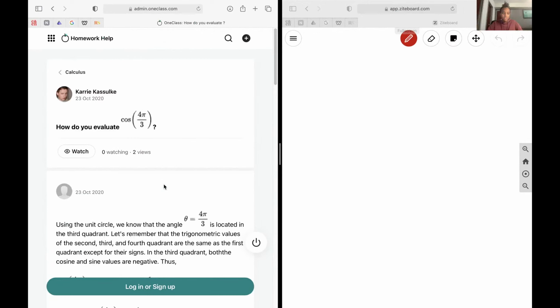Okay, let's get into it. So for our first question, we'd like to evaluate cos 4 pi over 3. There are a couple of ways to do this question, so I'm just going to walk you through all of them.